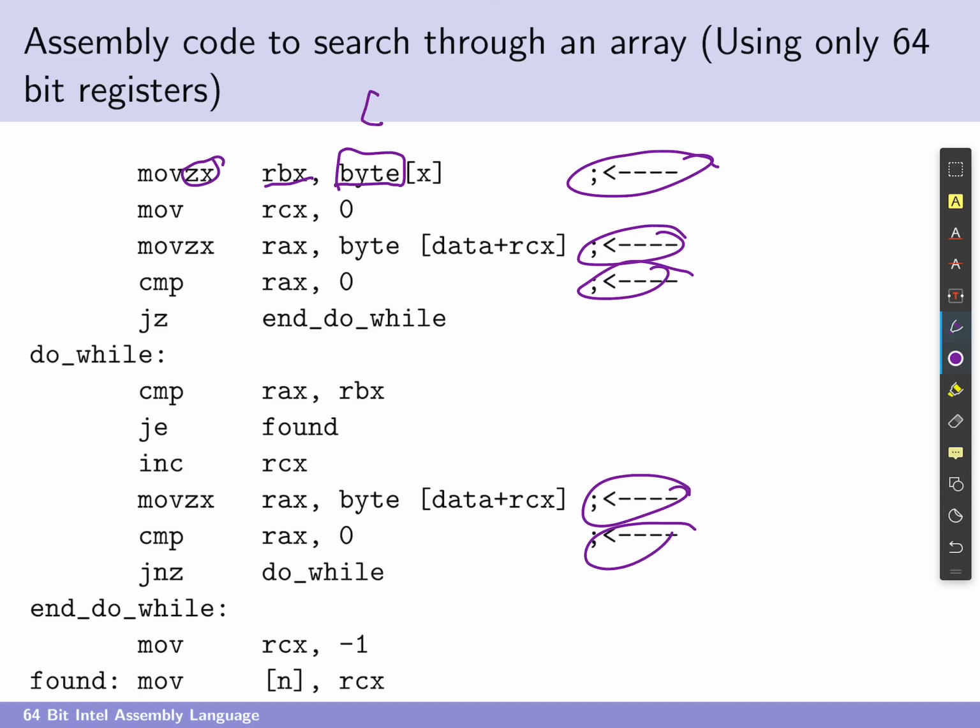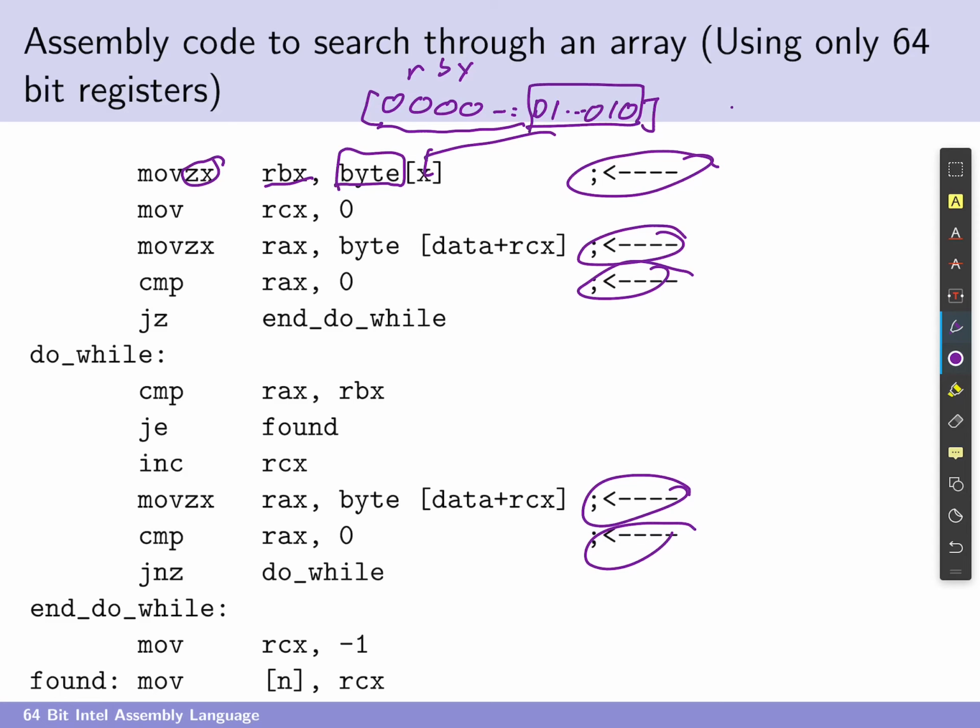So basically RBX will be a bunch of zeros now, with only the last 8 bits containing something from X. Okay, so I basically 0 extend the top part of the register, and I just load in the current byte I'm actually looking at.